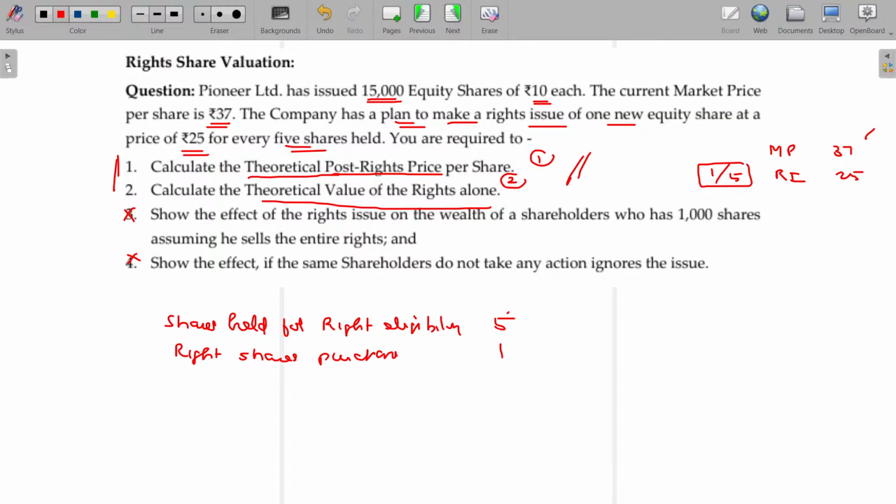To hold 5 shares, how much do you have to pay? Currently you have to pay 37 rupees as per the market value. This is number of shares, this is rupees per share. If you hold 5 shares which are traded in the market at 37, you will be eligible for purchasing 1 share at what rate? 25.